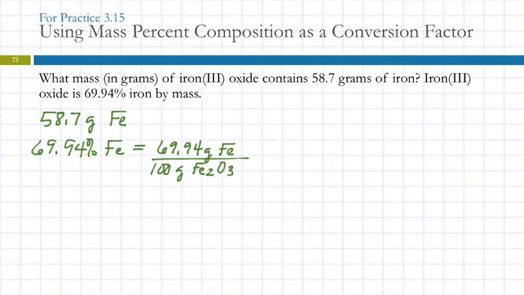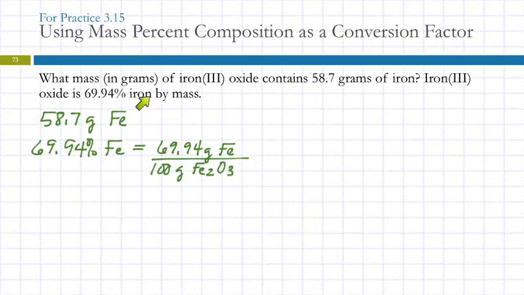Because if you talk about people and they say, well, 20% of the people out of 100, how many people would that be? 20. 20% means 20 out of 100. 50% means 50 out of 100. So we can take the percentage and make it into a conversion factor.